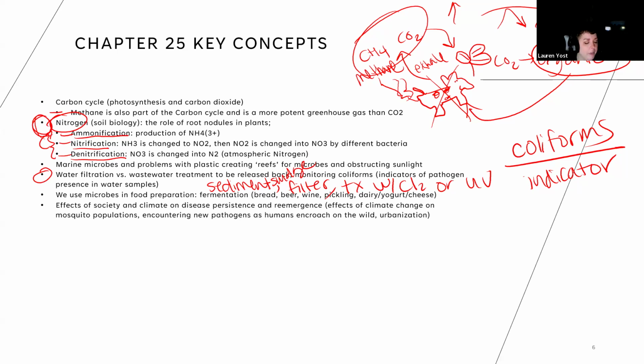And the warmer that it gets, the further north, the more likely it is for mosquitoes to be able to migrate up north and live longer, and therefore also possess and pass on the diseases that they can potentially carry with them. Things like malaria, dengue fever, and certain hemorrhagic fevers that are associated with mosquito transmission. It's why we saw such an uptick for a little while with West Nile virus.